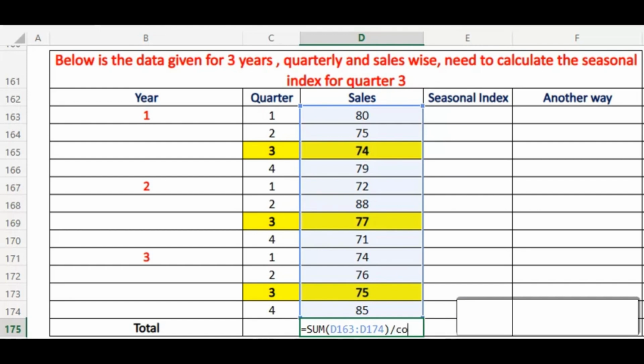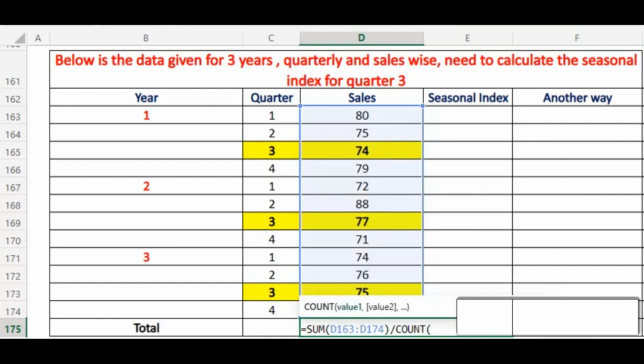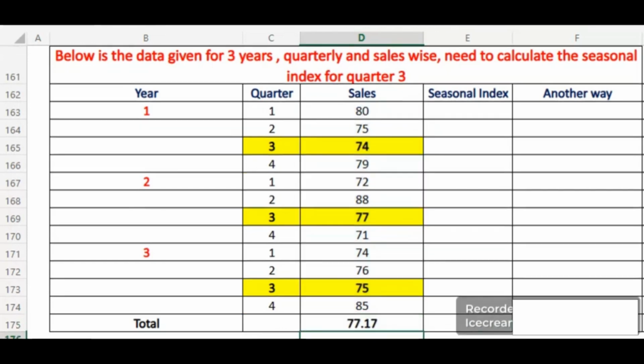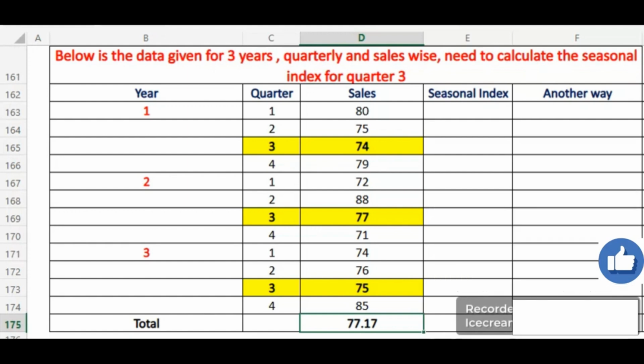So we can simply use the formula of count and then simply select it. Bracket close. 77.17. Instead of doing this, we can simply calculate the sum of all of these sales divided by 12 because we have 12 data points.